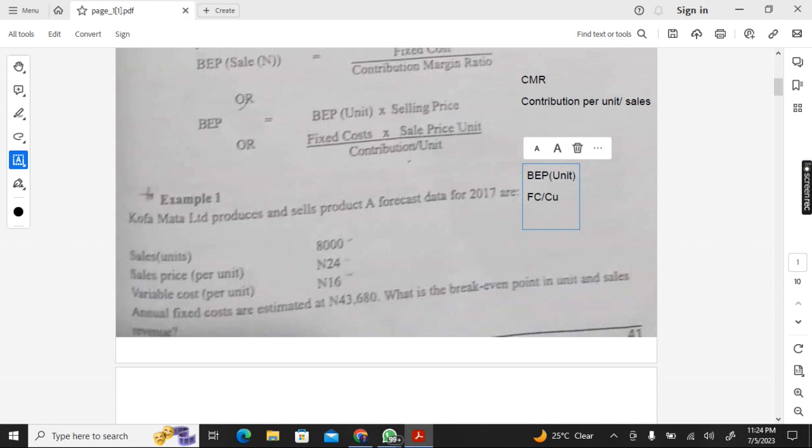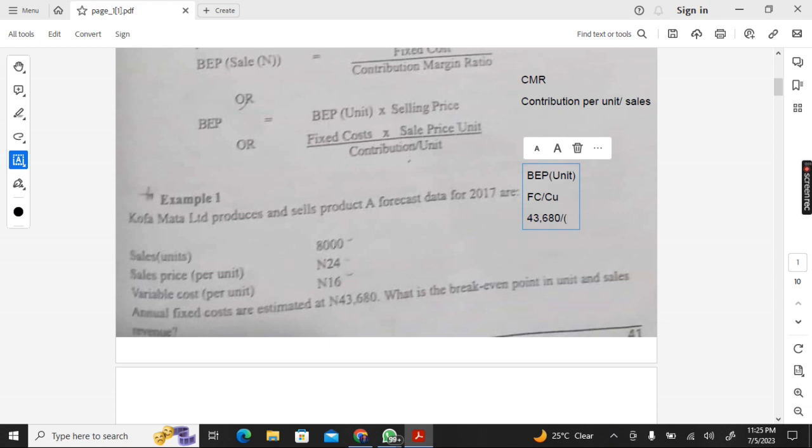In the question, our fixed cost is 43,680 divided by our contribution per unit.